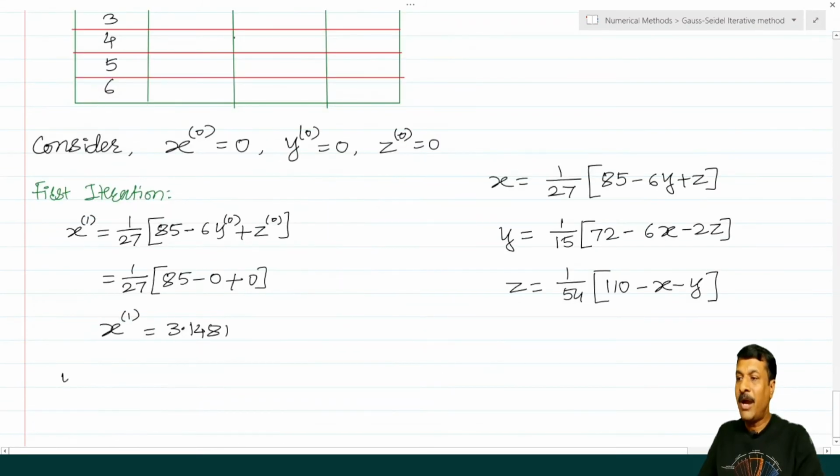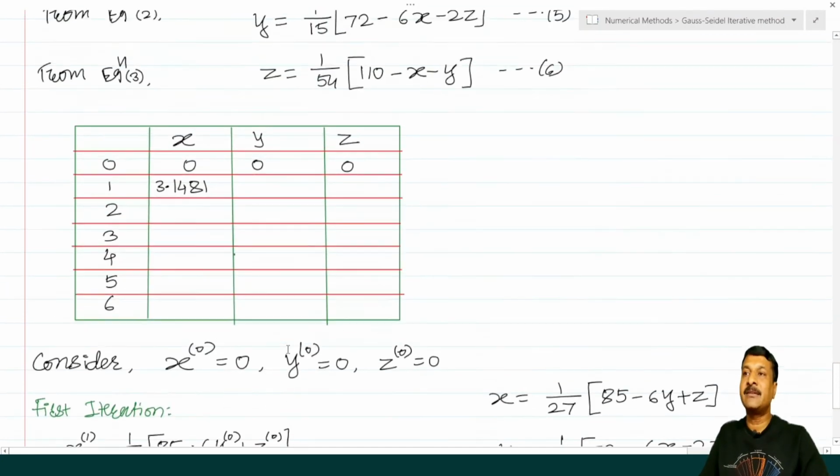Now y value at first position, that is equal to 1 by 15 in bracket by this equation 72 minus 6, recent value of x is 3.1481 minus 2, recent value of z, it is 0.